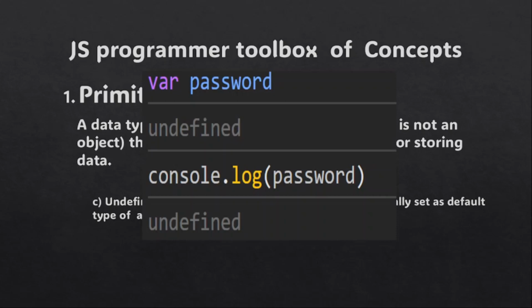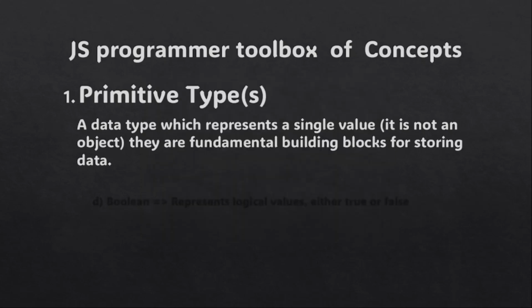You can see here in this code snippet we have a variable named password. Contains nothing, but when you console.log it, it shows you undefined. So that means undefined has been set as a default value for the variable password. Undefined is not an error in JavaScript.